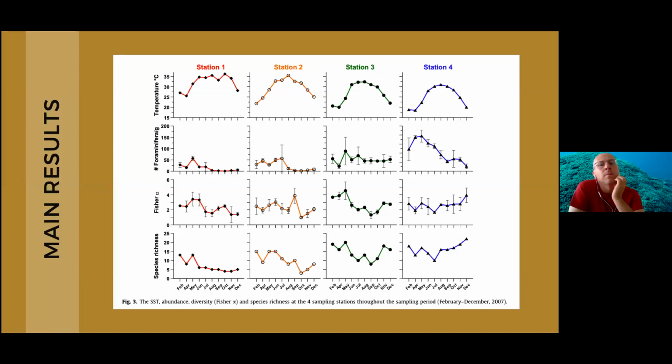Foraminifera will grow and reproduce in a very narrow range of temperature. When we look at abundance, we can see that station 4 is a regular situation with natural seasonal changes, and stations 1 through 3 have natural seasonal changes, but they also have thermal pollution.